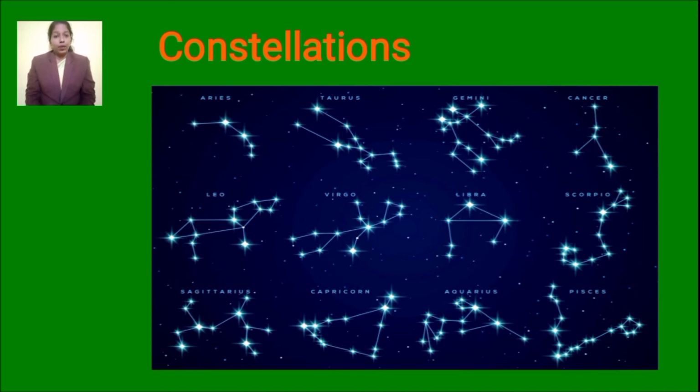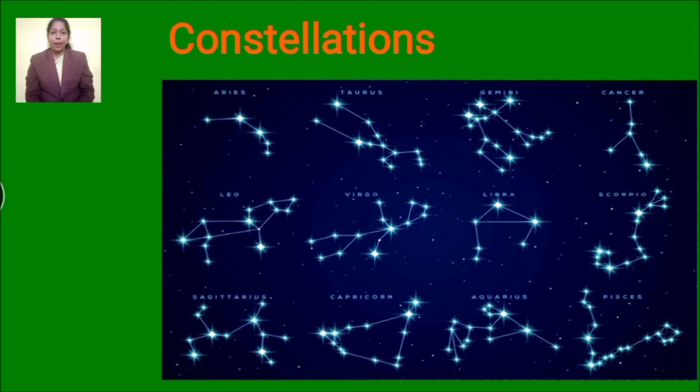Astronomers are people who study the objects in the sky. Scientists have given a special name to each such group of stars. Children, if you look up at the night sky, you will see that some groups of stars appear to make patterns in the sky.